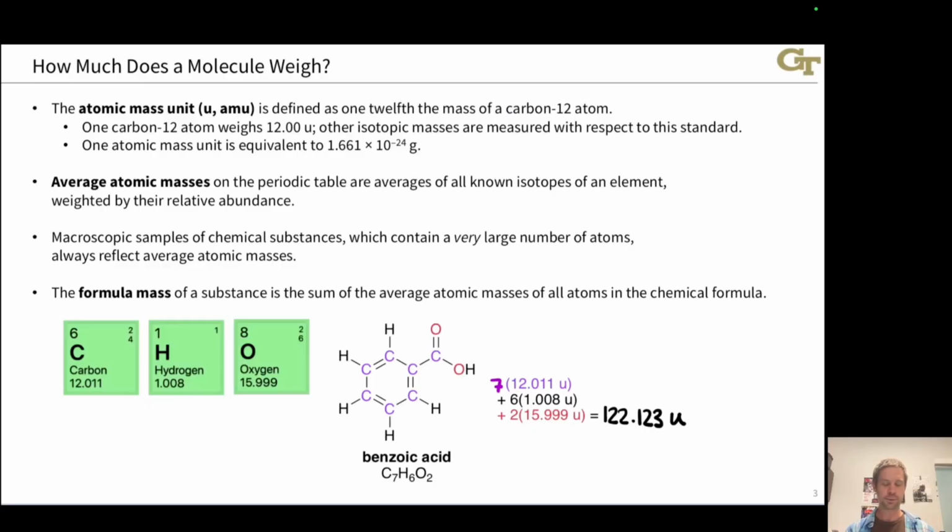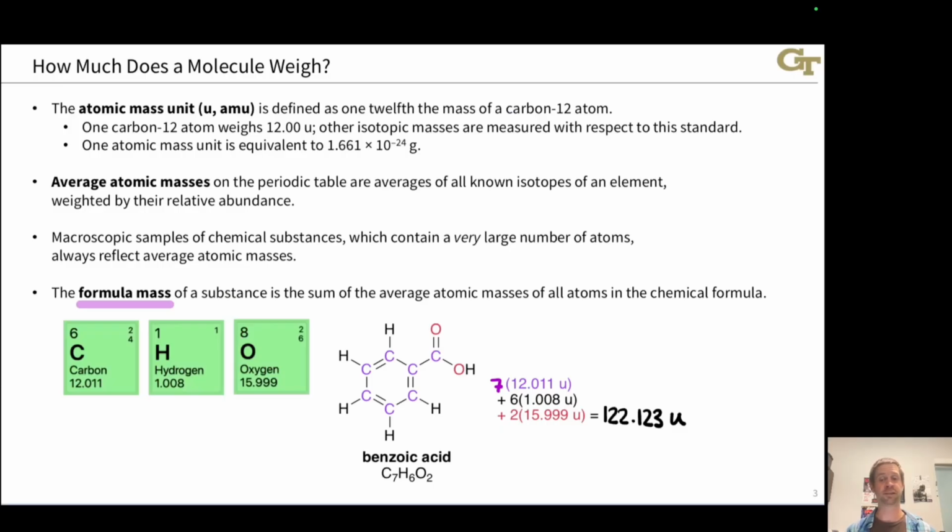And so when we talk about the formula mass of a substance, this is the mass of a single molecule, where we use as the atomic masses the average atomic mass off of the periodic table. We're going to use the compound benzoic acid throughout this unit to talk about atomic and molecular mass and related quantities. And we're going to start with the formula mass of benzoic acid.